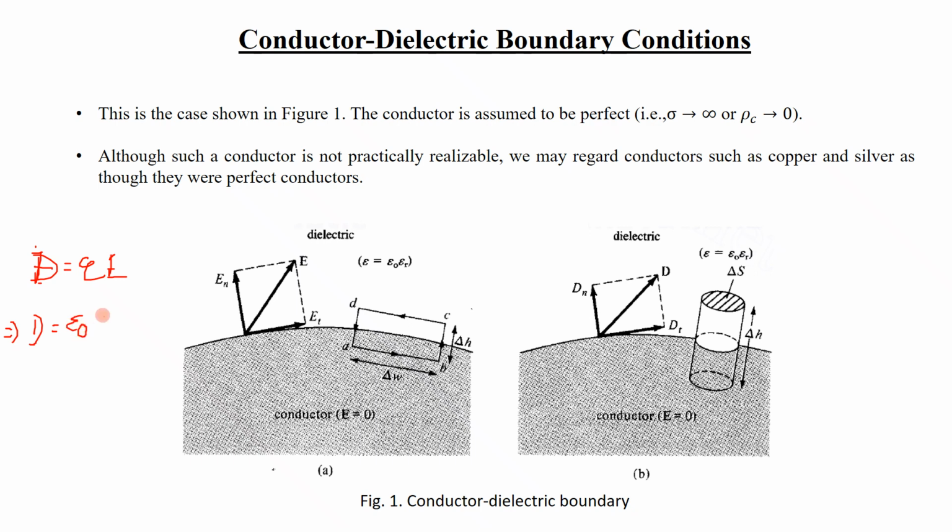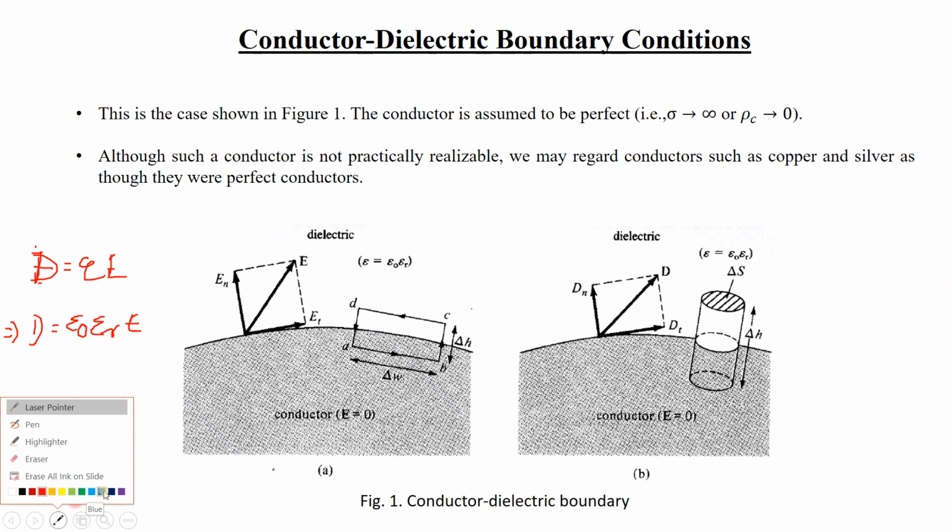This can be written as epsilon equals epsilon naught epsilon r. This is known to you because you have already studied it at physics level. So epsilon is the permittivity of the medium, which equals the absolute permittivity multiplied by the relative permittivity.